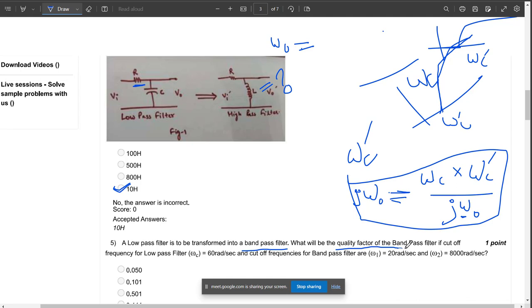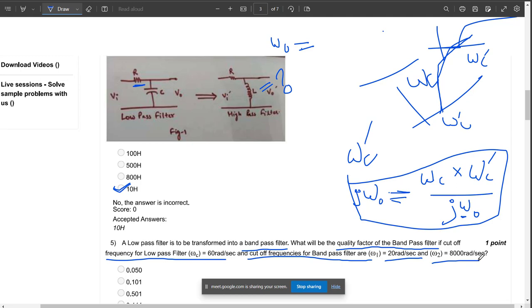First is, what will be the quality factor of the band pass filter if the cutoff frequency for the low pass filter is 60 radian per second and the cutoff frequencies for the band pass filter are omega 1 equals 20 radian per second and omega 2 equals 8000 radian per second.